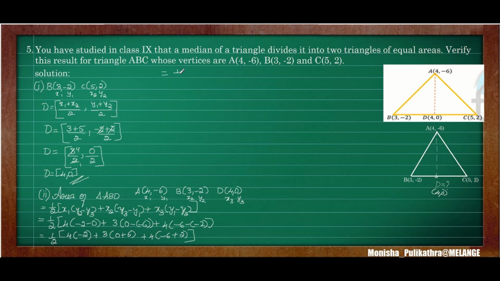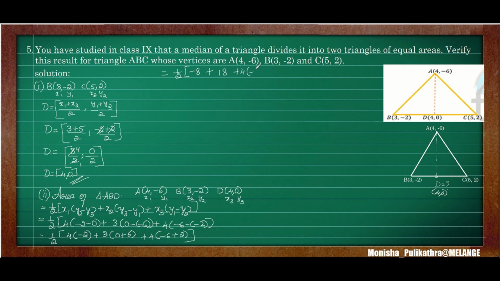So next half into 4 into minus 2, so 4 into minus 2 is minus 8, plus 0 plus 6 is 6 itself, so 3 6s are 18, minus 6 plus 2. Here if there are unlike signs, then we need to subtract, right? So 6 minus 2 is 4, the larger number's sign is minus, so it will be minus 4.